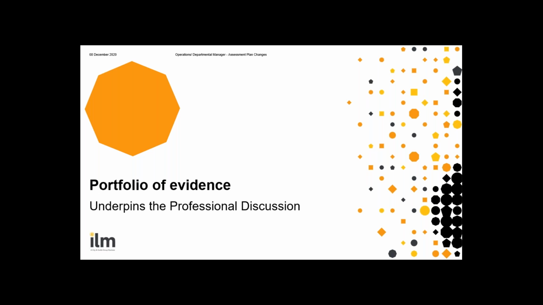So it's really important that it is spot on. We do reject them if they don't meet the requirements, and really that's helping the learner to prepare and get it right, so that they're not fumbling around trying to find evidence when they're actually having their professional discussion.